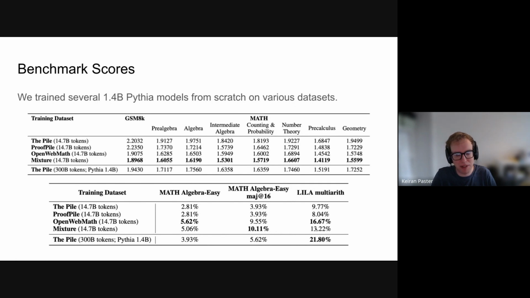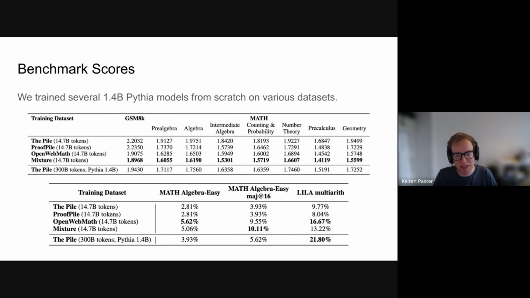And it's double what Pythia is getting. So it seems like OpenWebMath is very, very dense with good math knowledge. And if you were going to train a math model, OpenWebMath is probably the right choice of data set to use.